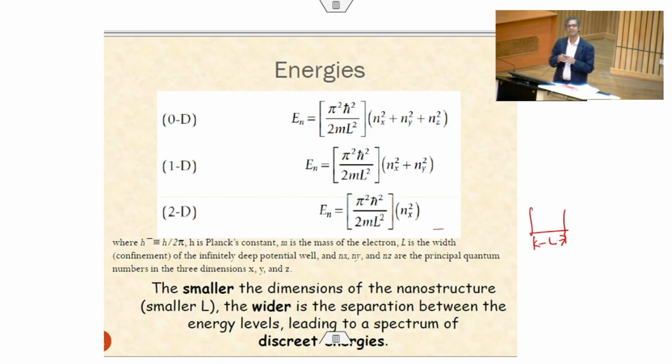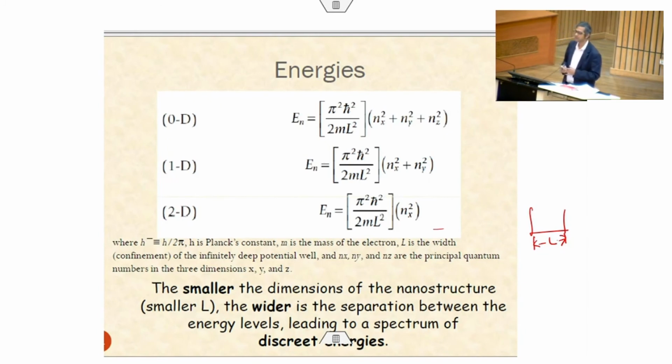Y and z, they are free to move. There is no specific confinement of energy levels in y and z. Electrons can take any energy levels they want in the y and z directions for 2D materials. For 1D, the z direction is free, x and y are not free. For 0D, none are free.